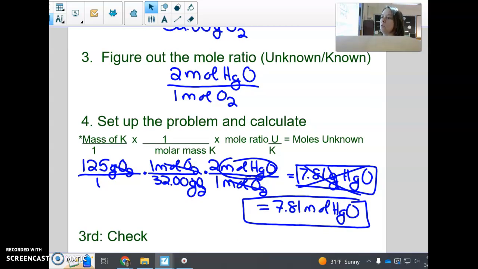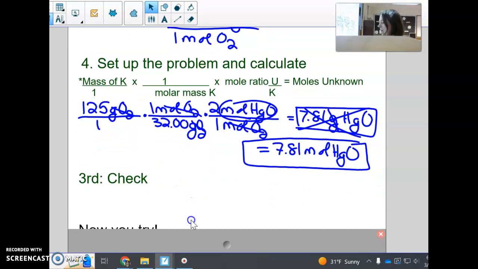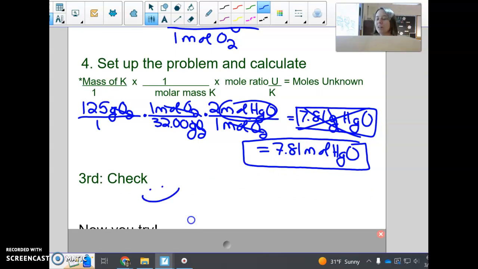Do we have about 8 moles? Yes, we do. So we have a reasonable answer.